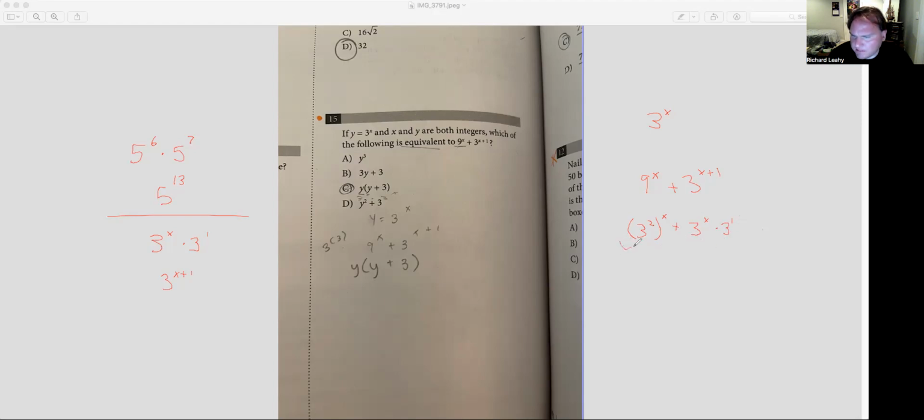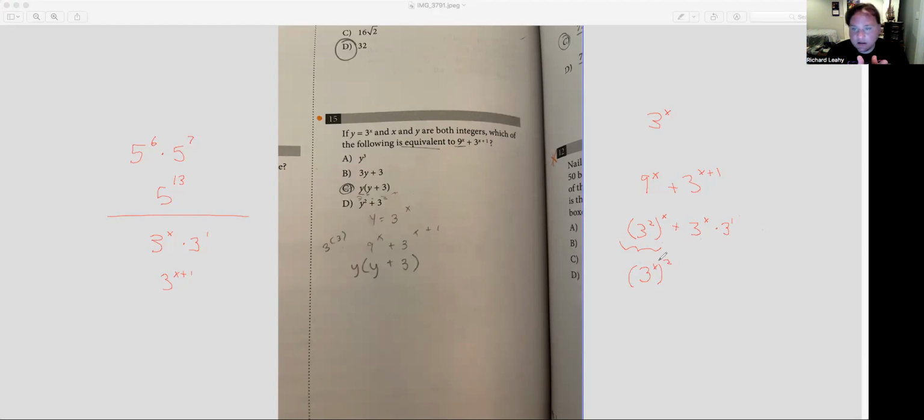Now this guy, 3 squared, we want 3 to the x. But the rules show us that we could do 3 to the x and then to the second power, because there is no difference between raising one power to another in either order.